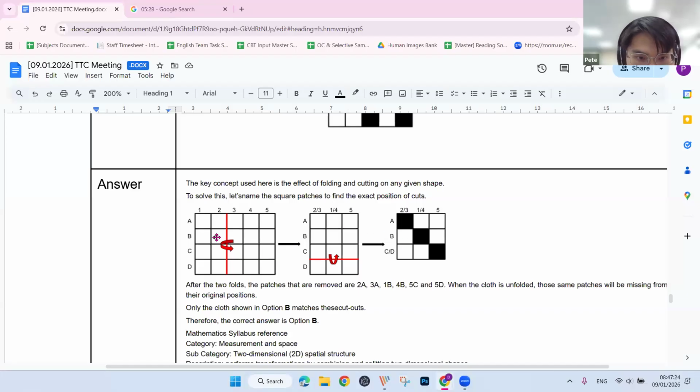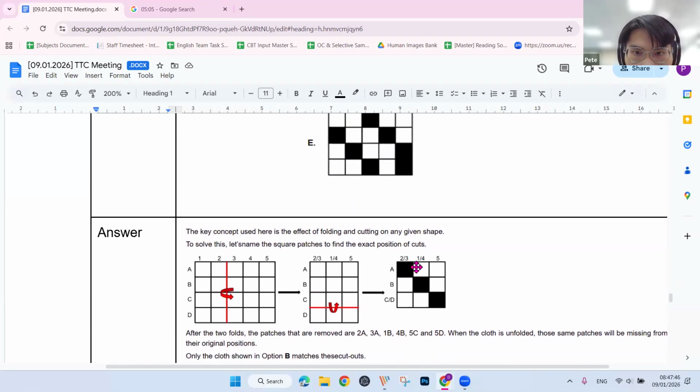After the first fold, we can see that column 1 overlaps with column 4, and column 2 overlaps with column 3. After the second fold, we see that row C overlaps with row D.